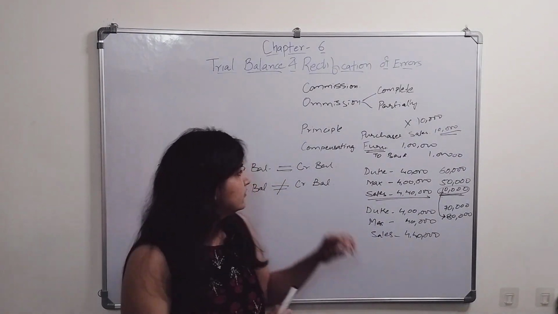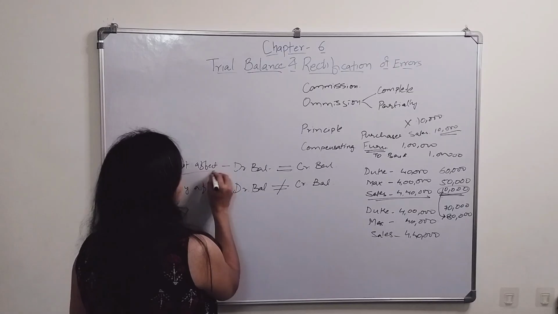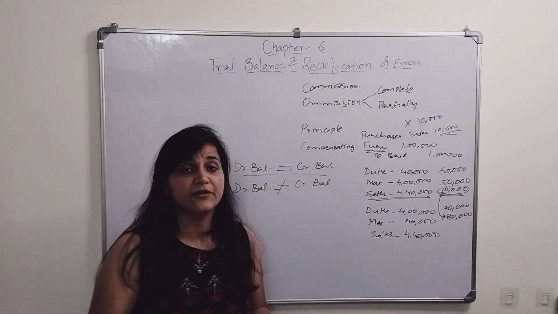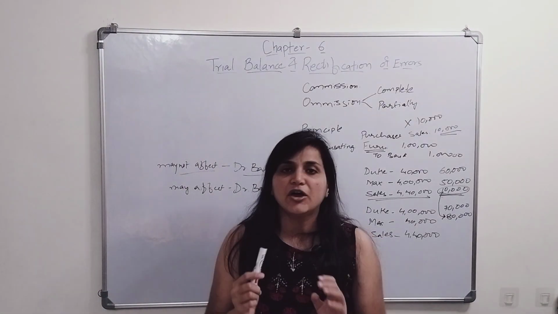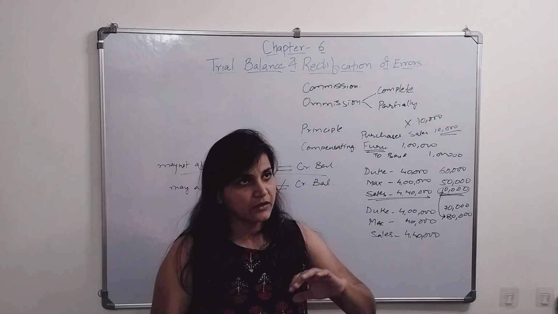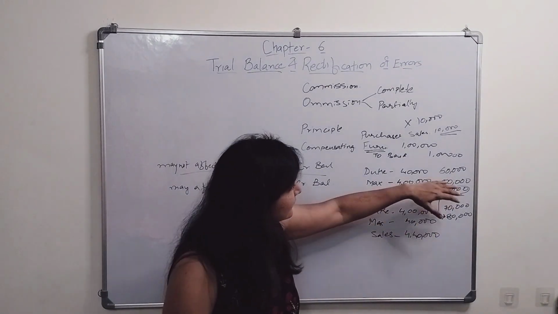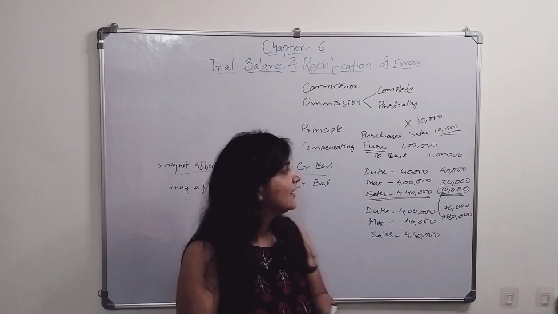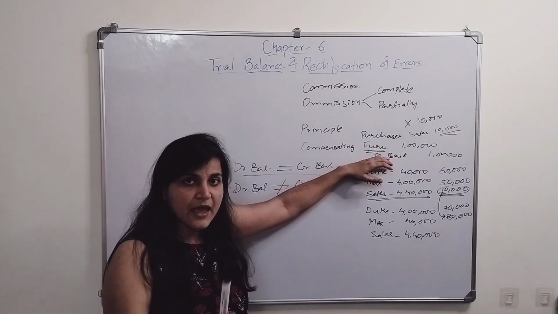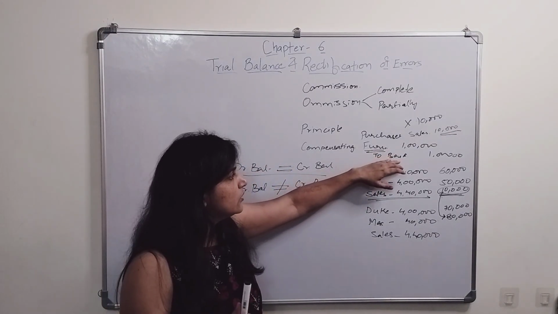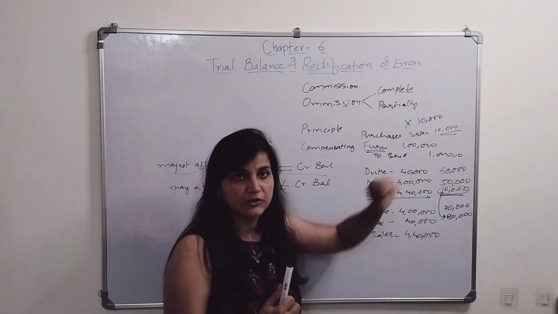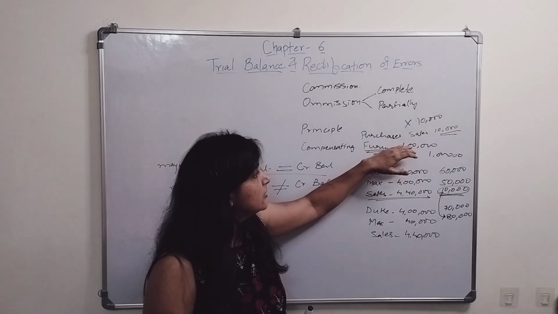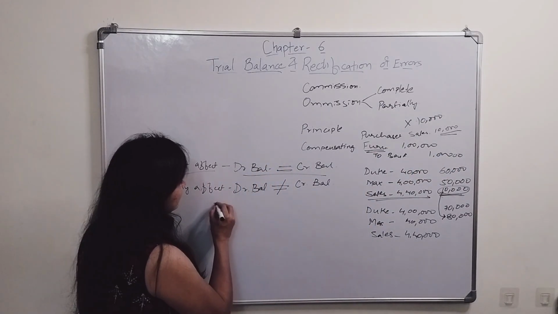Now when I say it may not affect, let's say the trial balance will tally, right? Take the example of this only, purchases and furniture. Now when I say I purchased furniture worth rupees 1 lakh, what should be my entry?